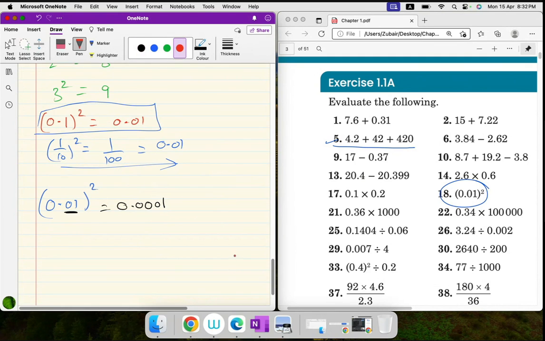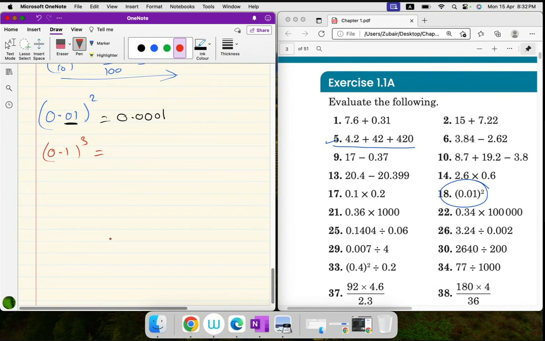Yes, sir. And if I write 0.1 cube, what would be the answer? 0.001.